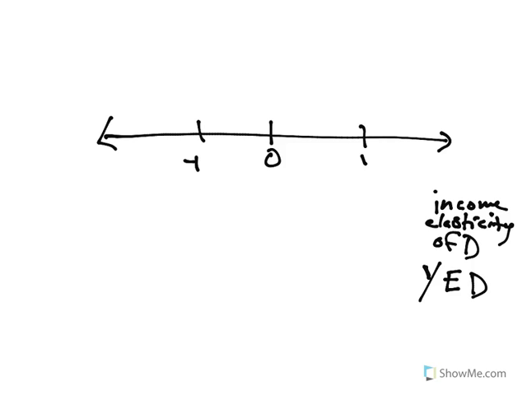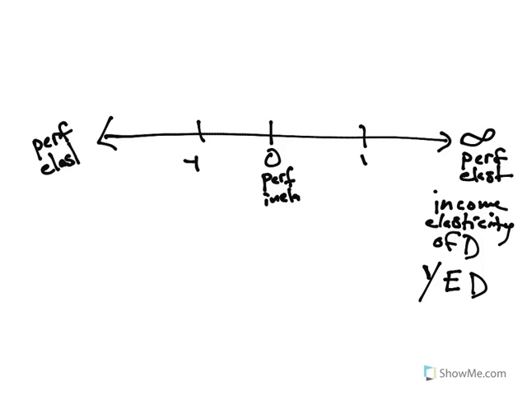So just as before with income elasticity of demand, as with cross-price and all the other ones, 0 is perfectly inelastic, and perfectly elastic at negative infinity and positive infinity.